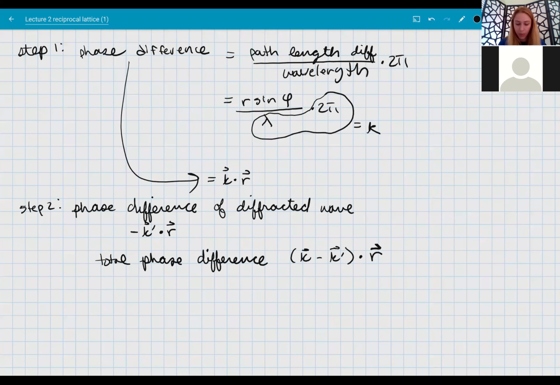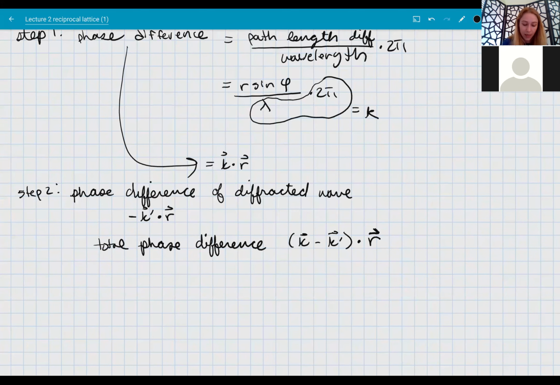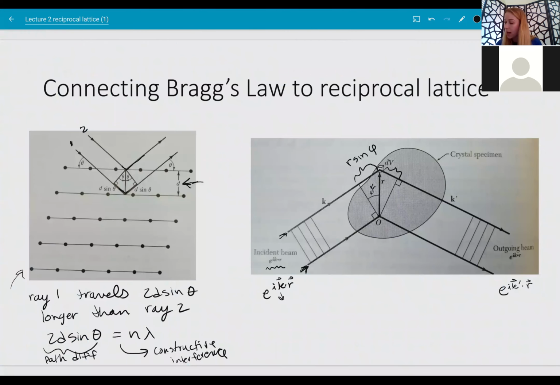And so that means that the wave that's scattered, going back to this image here, basically the wave that is scattered from the origin versus this volume element dV, there is an additional phase factor.